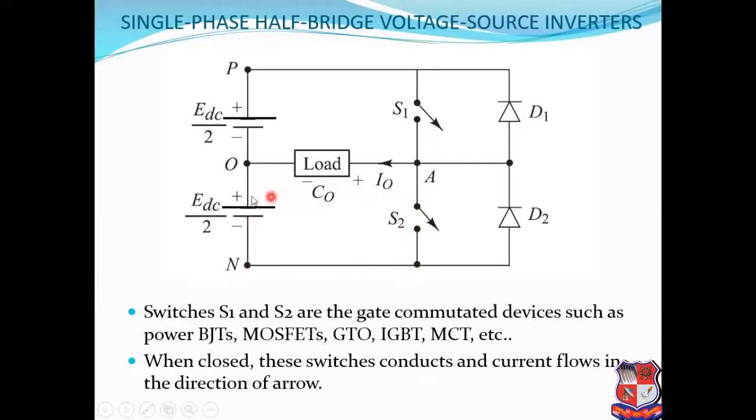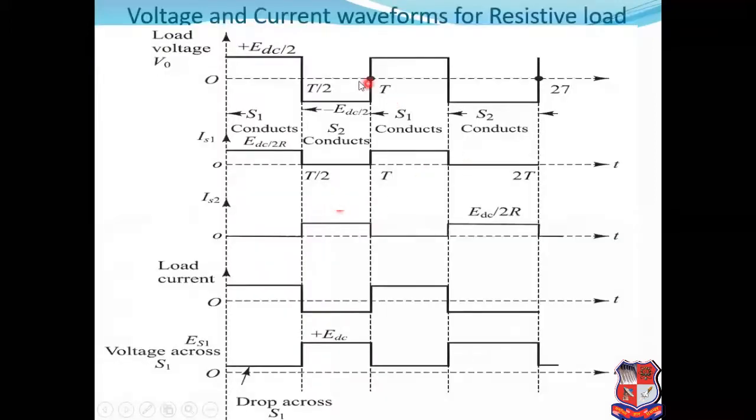So the output voltage in this case will be negative VDC by 2. So here we can say that when switch S1 is on, the output voltage will be plus VDC by 2, and when switch S2 conducts, the output voltage will be minus VDC by 2.